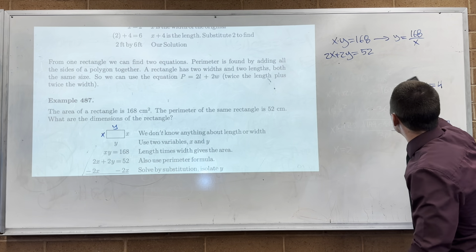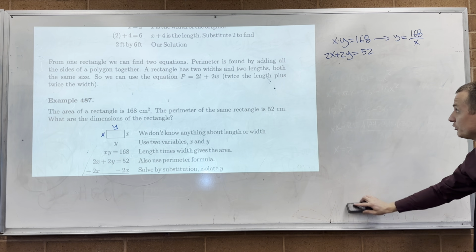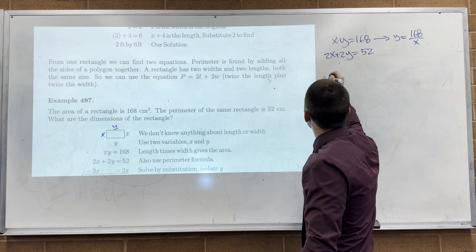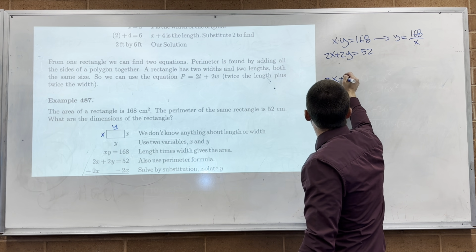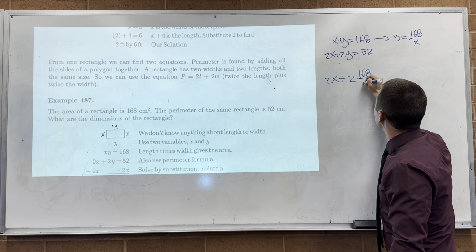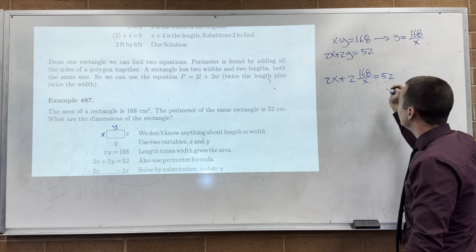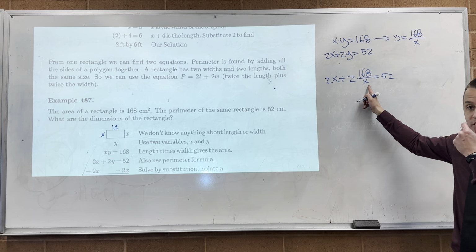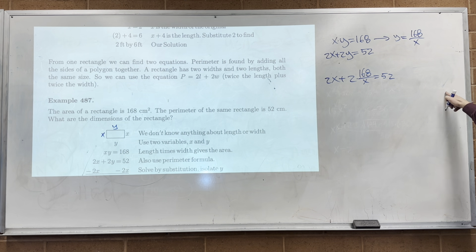Okay, so now that I have my y, I substitute it into our next equation. So I know that 2x plus 2y is equal to 52. Right? Now, this is going to be a quadratic equation. First thing I want to do is get the x out of the denominator. So I'm going to multiply everything by x.